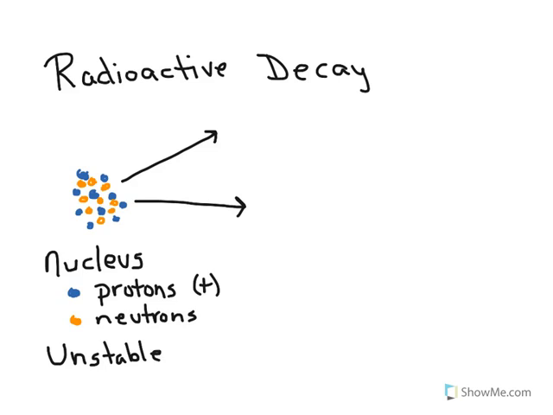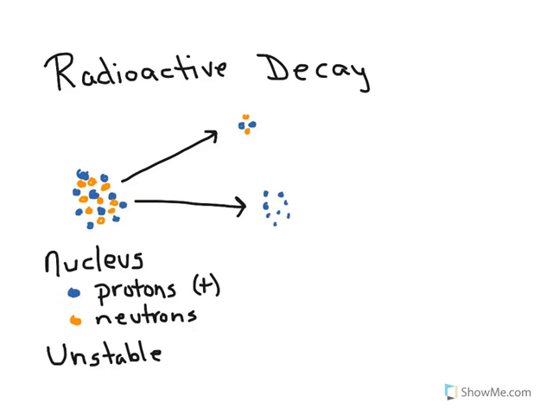Sometimes what is shot off is 2 protons and 2 neutrons. In this case, we have in our original nucleus 1, 2, 3, 4, 5, 6, 7, 8, 9, 10 protons. So we've just lost 2 protons, and we're going to have 8 protons left.